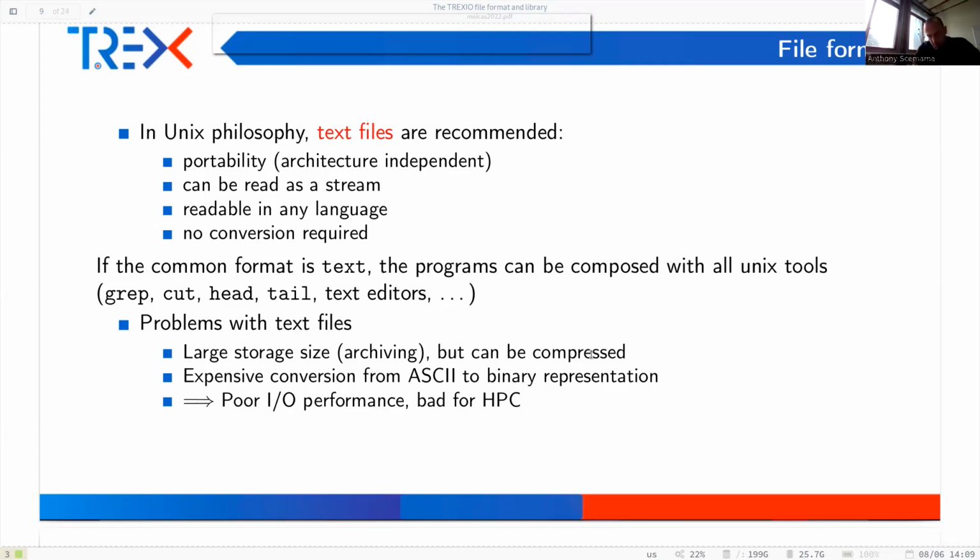It uses some resources to convert a floating point number in text format into a binary representation. And so if you need to do this on gigabytes, then it's going to lead to very poor I/O performance. And so here we're trying to do high performance computing, so we prefer instead to use a binary representation.